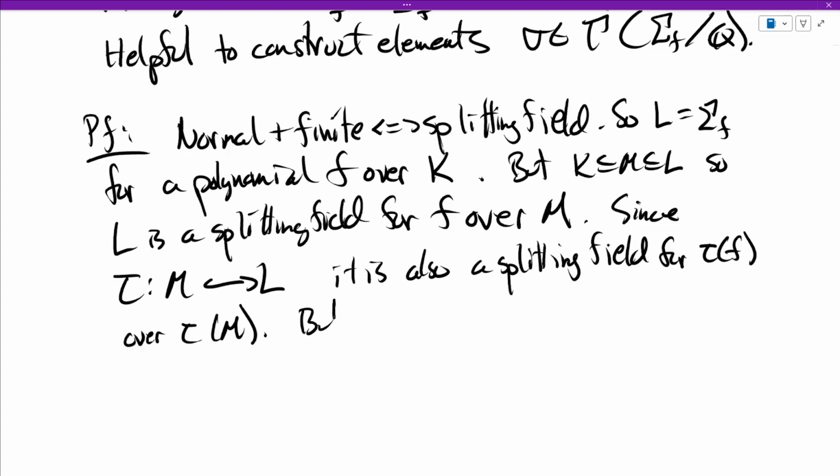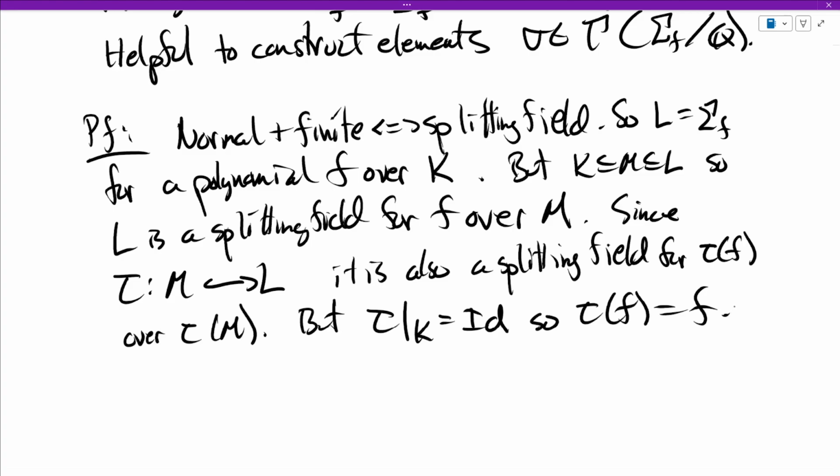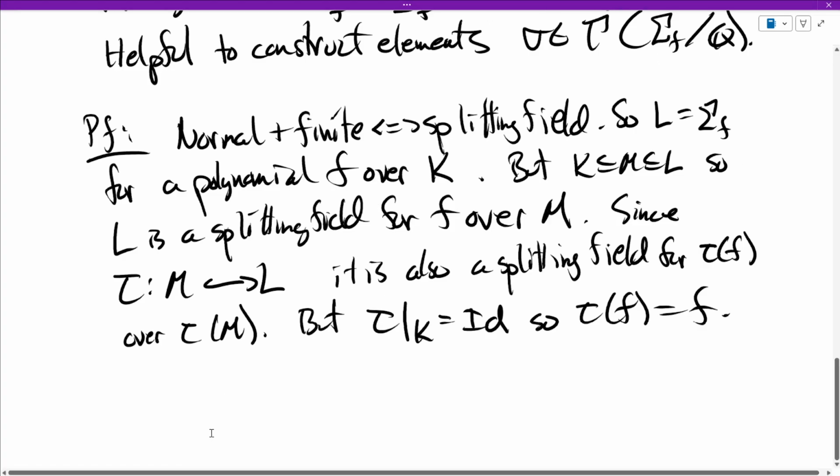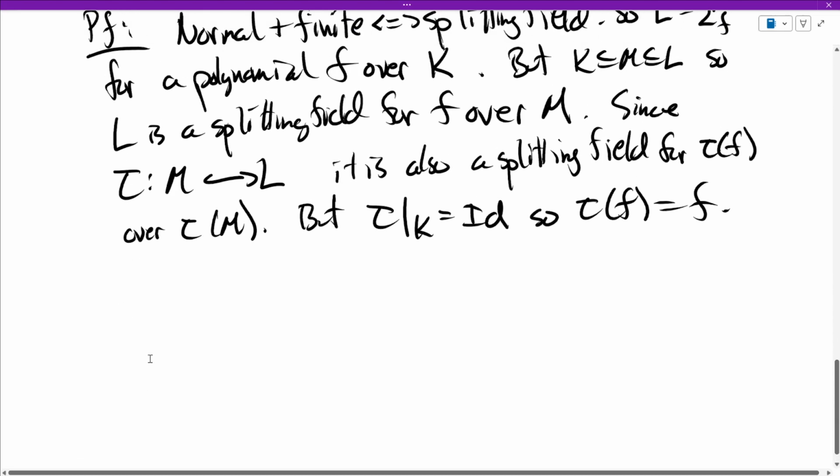But tau restricted to K is the identity because tau is a K-monomorphism. So tau of f is just itself, right? All the coefficients of f are in K, and tau fixes K. So when we change coefficients, we don't actually change anything. All right, great. So what do we have here?